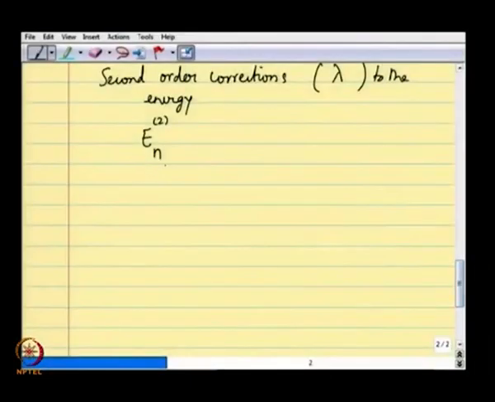So, for the second order correction to the energy, we need to go back to the equation H psi n is equal to En psi n and pull out the terms corresponding to lambda square.